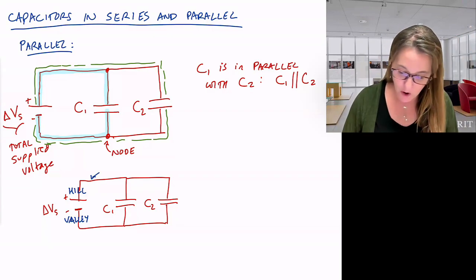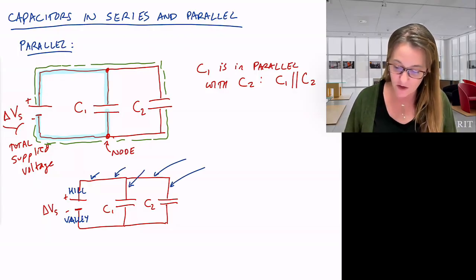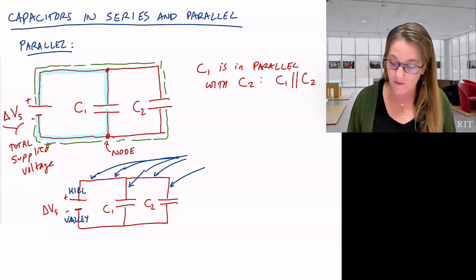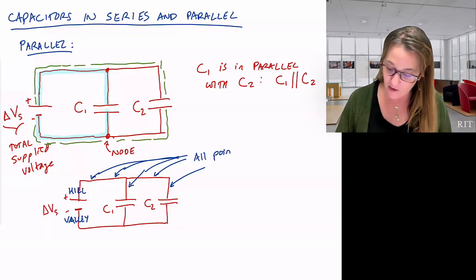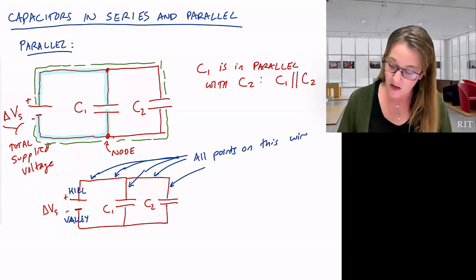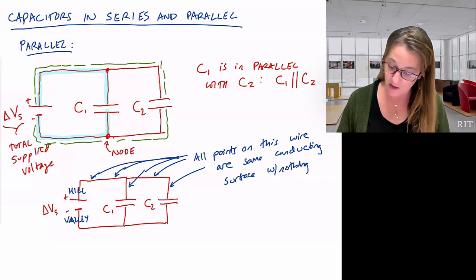So for each part of a wire that has not had any circuit element in the middle of it, in this case, the capacitor, all the points on this wire are the same conducting surface with nothing in the way. So they are all at the same potential.